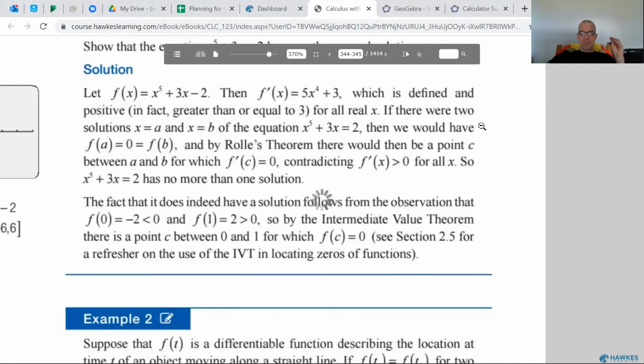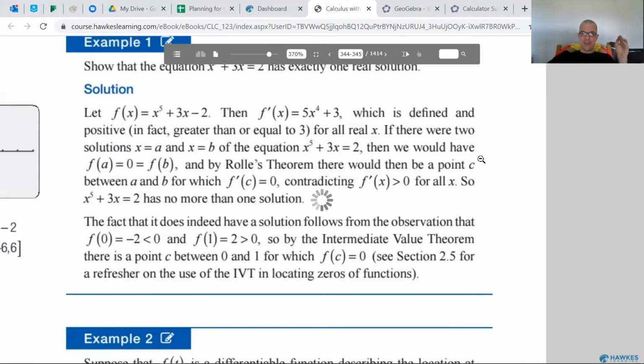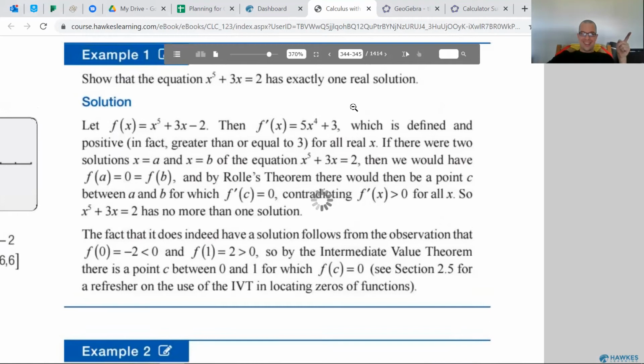So yeah, using a proof by contradiction is not something that is necessarily intuitive, especially if you don't do it very often. Here's the idea. Because we want to show that this has exactly one real solution, what we're going to do is assume, hey, maybe there's two solutions, and then show that that assumption leads to a contradiction.